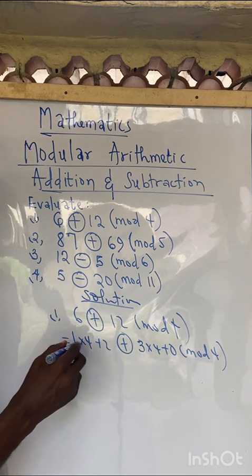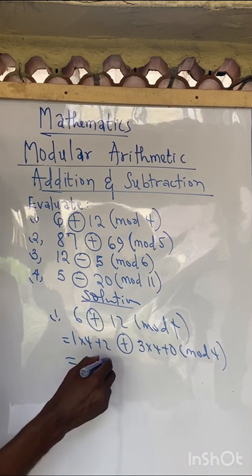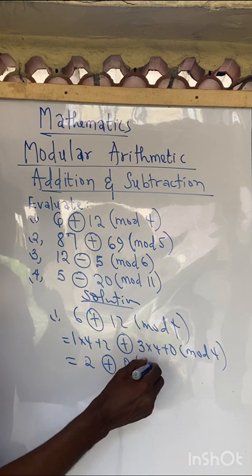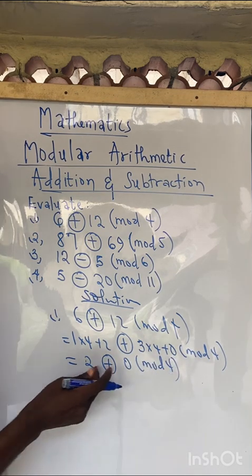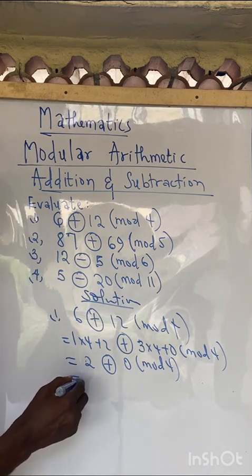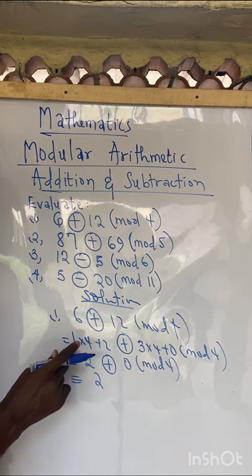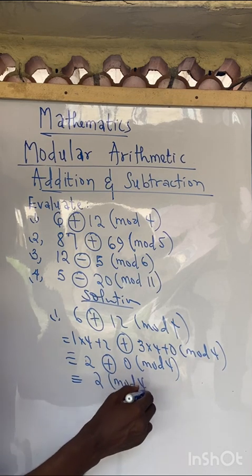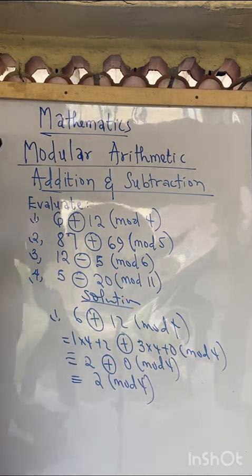So I will just pick 2 here, plus the residue part, 0 here, mod 4. We can now add this together. That's 2 plus 0, which is still equal to 2. This is still equal to 2 mod 4. You can see that we have the same result.